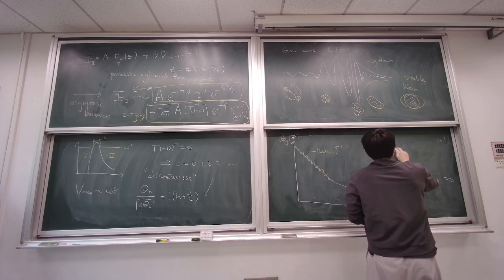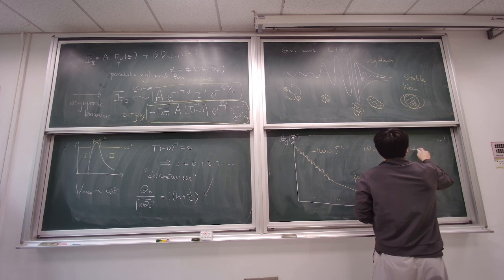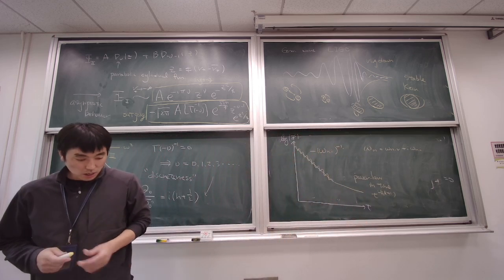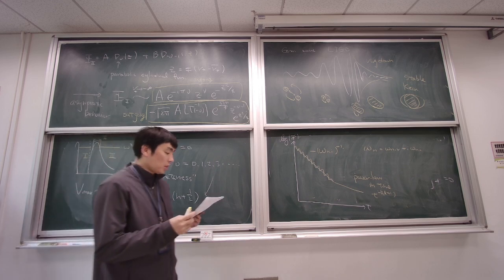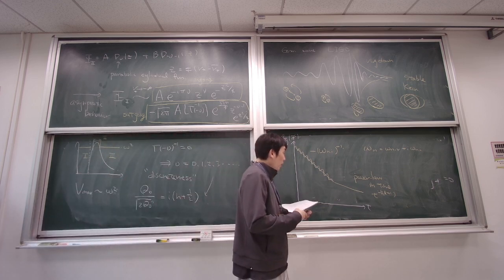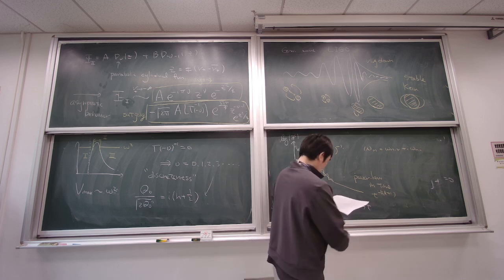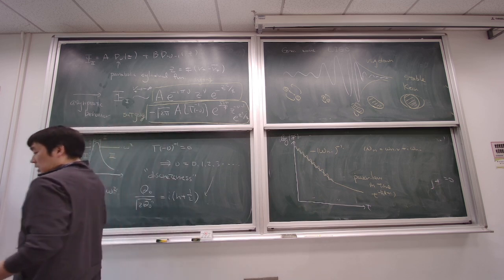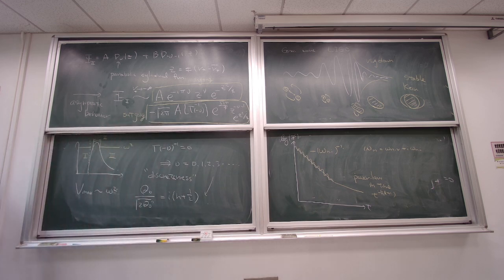As you recall, the quasi-normal mode has a real part and an imaginary part, and the slope gives you the imaginary part. So this is the typical phenomenon of gravitational waves, and it has already been observed in LIGO.